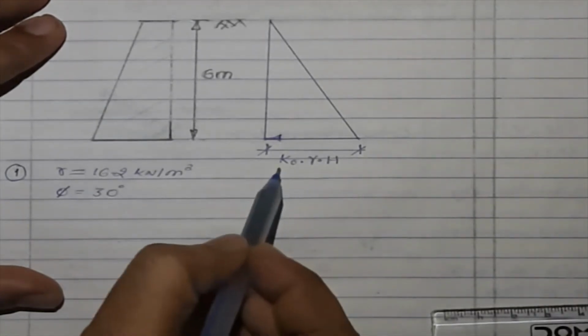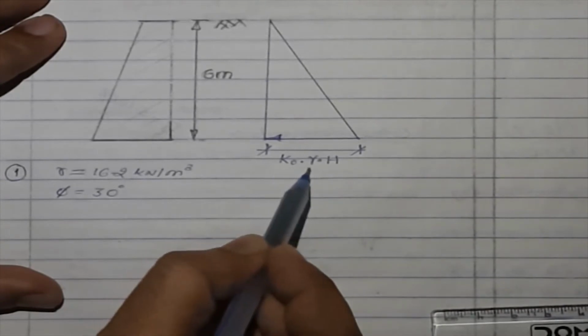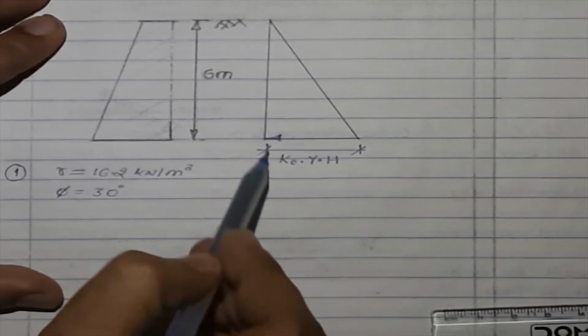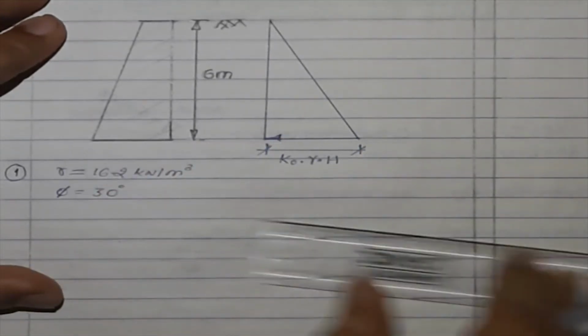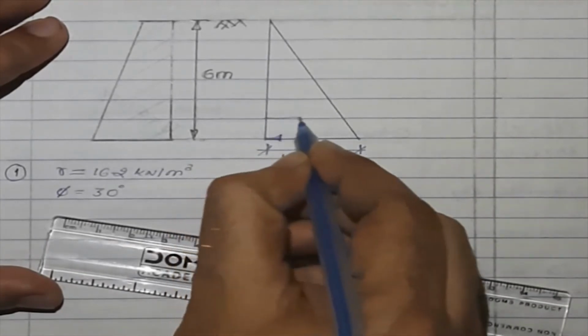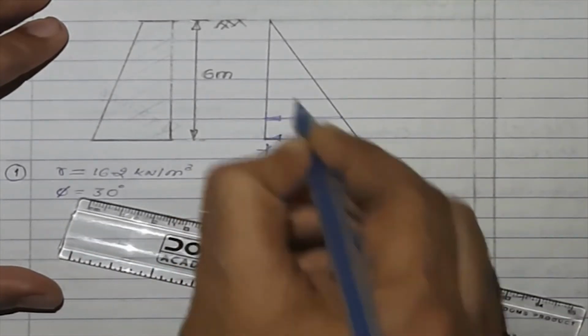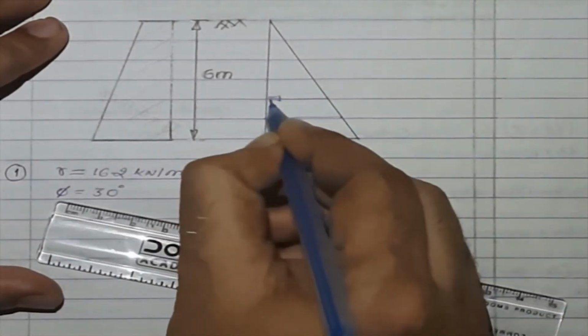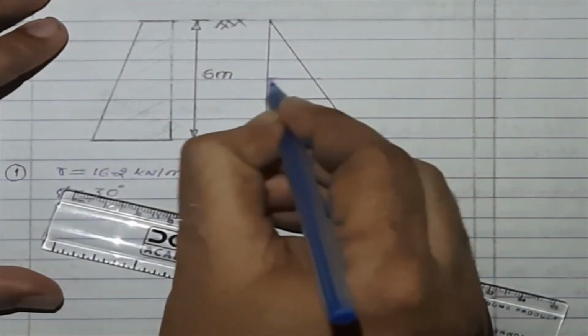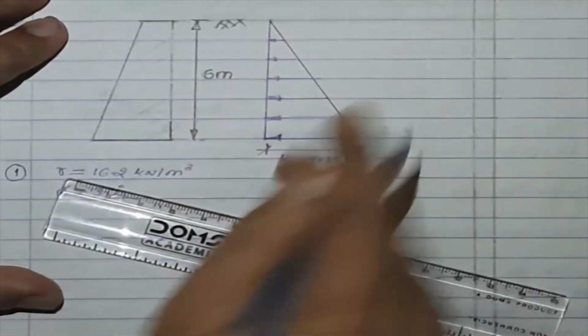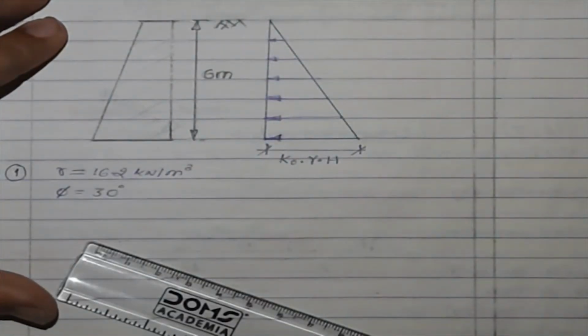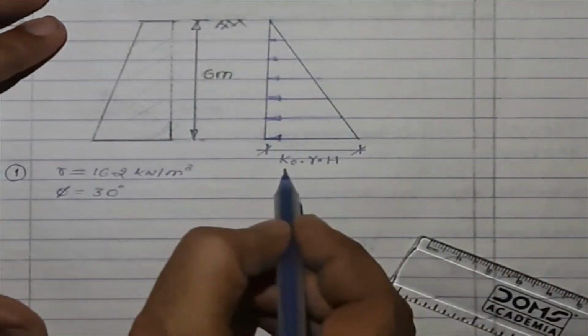Okay, K0 is coefficient of earth pressure, gamma is unit weight of the soil, and H is height of the wall. Alright, in this way there will be lateral pressure acting in this triangular variation on the retaining face of the wall. Let us calculate first K0.